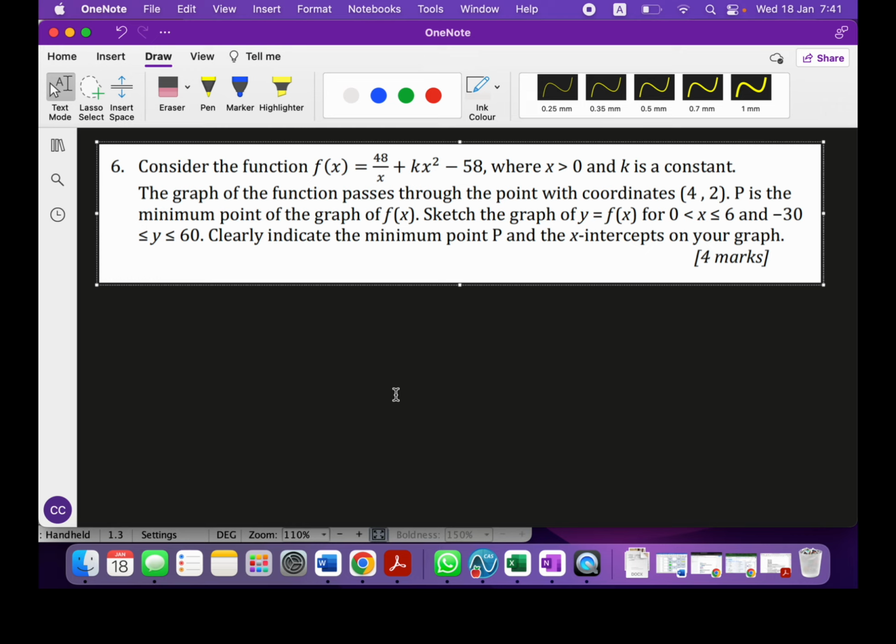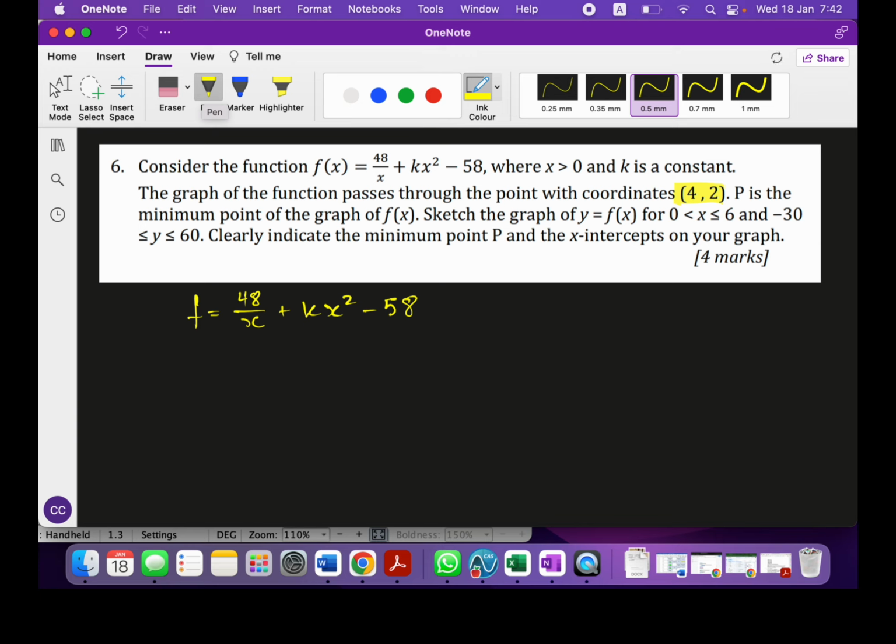Well, obviously, our first conundrum is the fact that we've got k. We're told it's a constant, but we don't know what it is just yet. So what we're going to do is utilize this information here. We know that the point (4, 2) has to work with that.